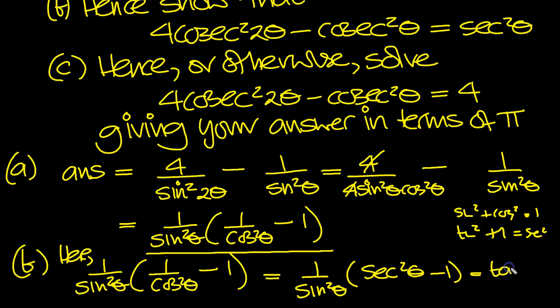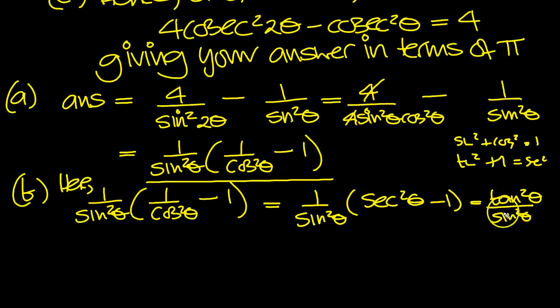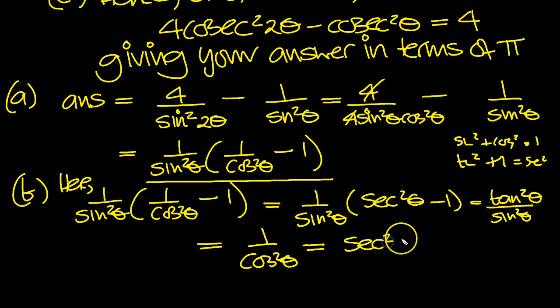So this is tan squared over sine squared. And here tan squared is sine squared over cos squared, so the sine squared will cancel. So that's equal to 1 over cosine squared, because the sine squared in the tan squared will cancel. And that's equal to sec squared theta, which is what we wanted to show.